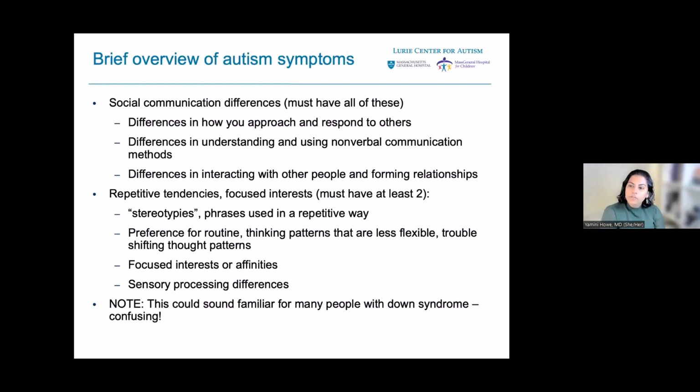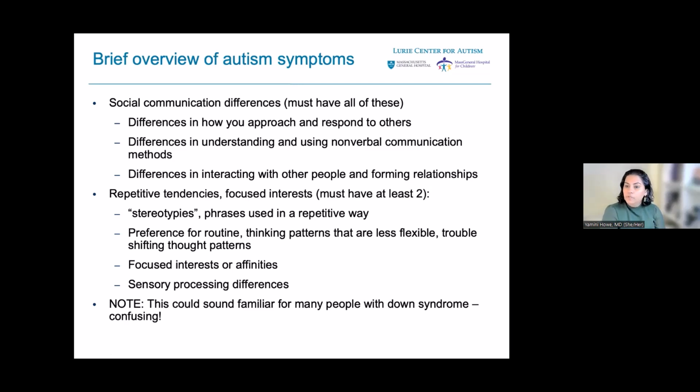Repetitive behaviors are also common in Down syndrome, such as patterns of movement that in the medical community we call stereotypies, things like rocking, hand flapping, jumping, toe walking. Grinding teeth is also a common behavior that people with Down syndrome and people with Down syndrome and autism may engage in.